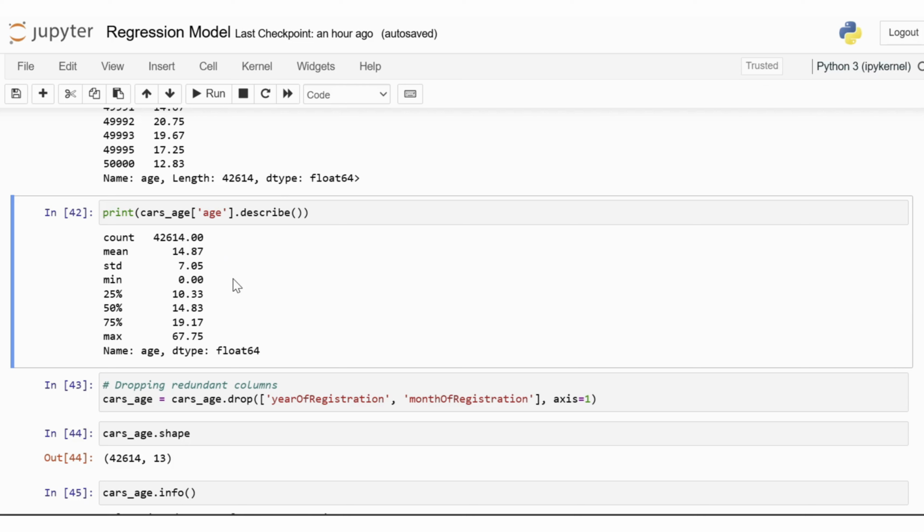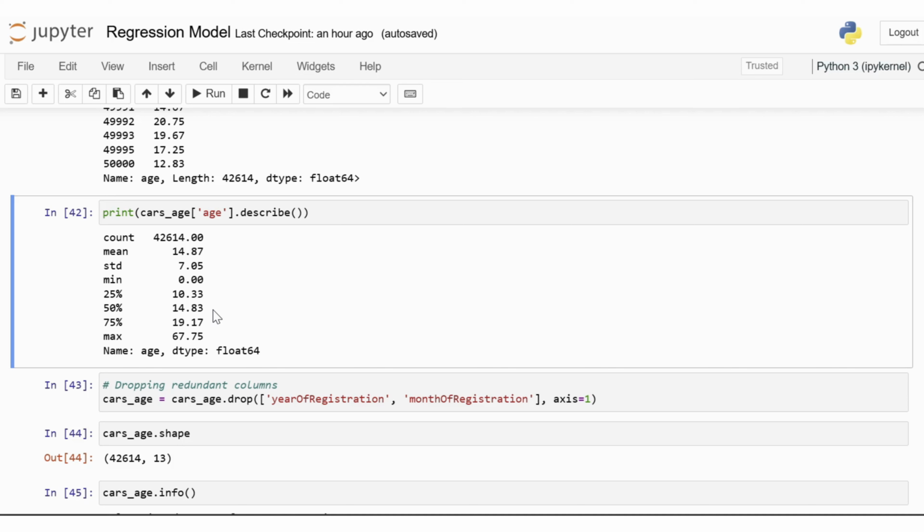The maximum age is 67, indicating the oldest car in our dataset. And the median age is about 14.83 years. Since the mean age, 14.87, and the median age, 14.83, are quite close, we know the age data does not have too many outliers.